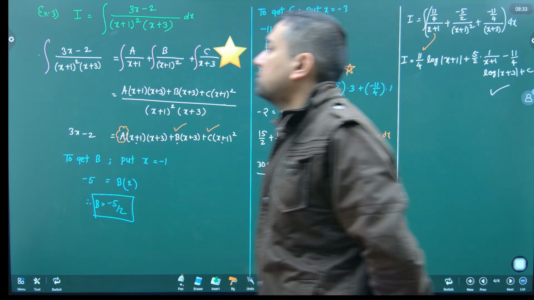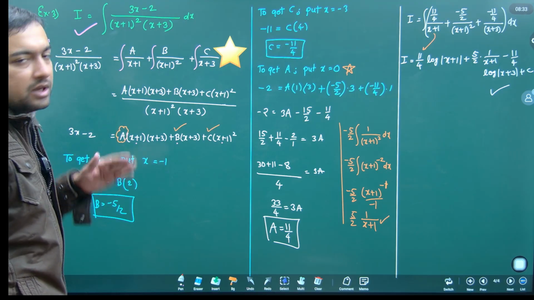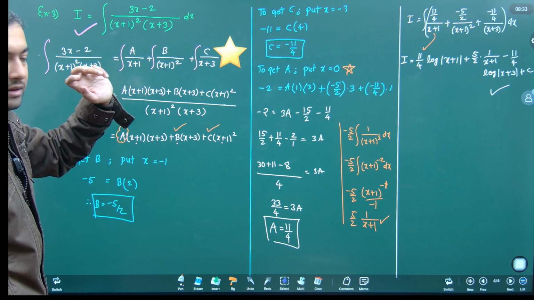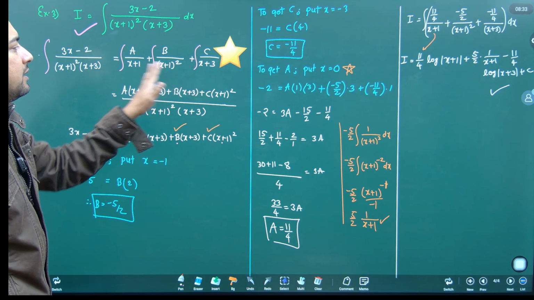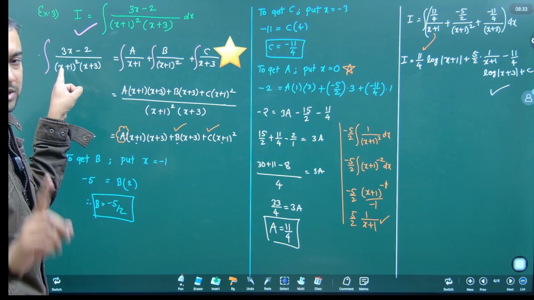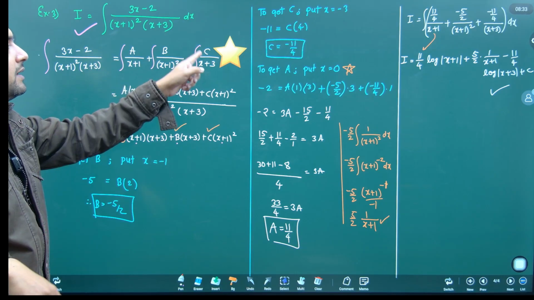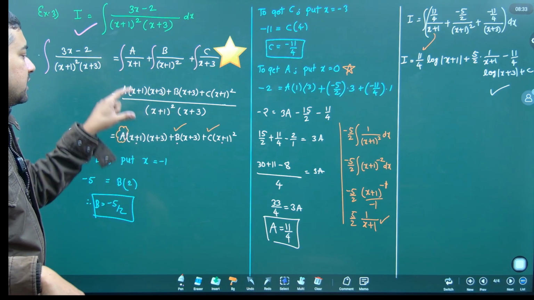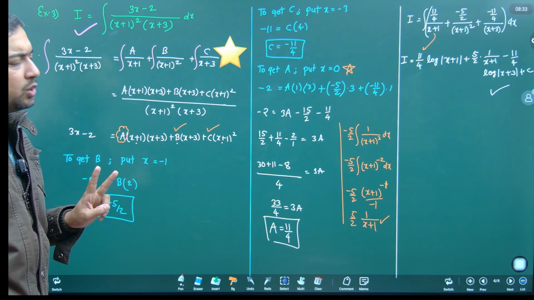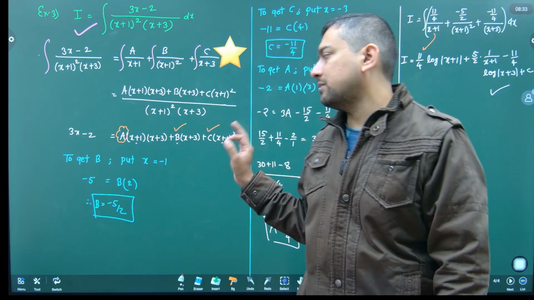So whenever you get an example of partial fractions, observe the denominator. In this example, the denominator has a repeated linear factor. So I will find partial fractions like this. Whichever is repeated, x plus 1 is repeated, it will have two constants. Which is non-repeated, it will have a single constant. Take the LCM, equate the numerator. You can find two constants easily using our same method.